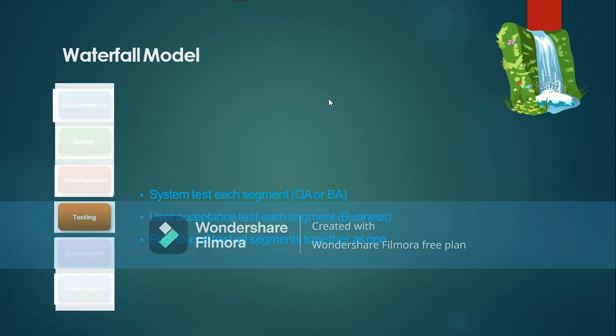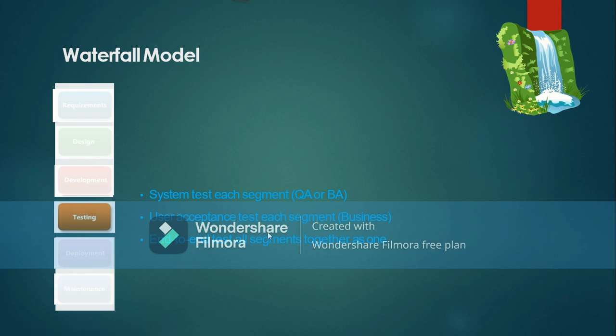So before he can answer all the questions during UAT, or confidently conduct UATs, he does testing along with the quality analysts, that are the testers, to assure that the product is working as required, as set in the requirements. So that is done by QA or the business analyst.